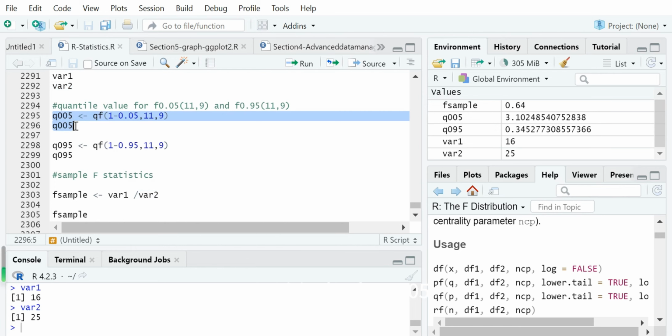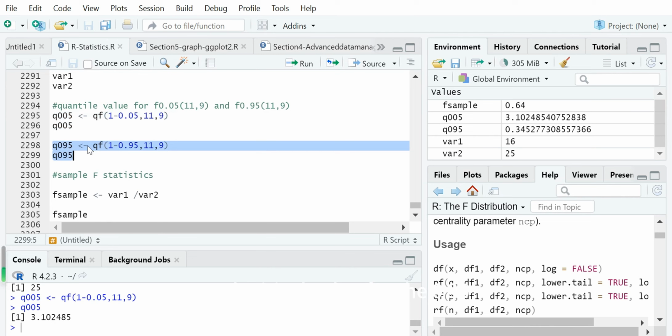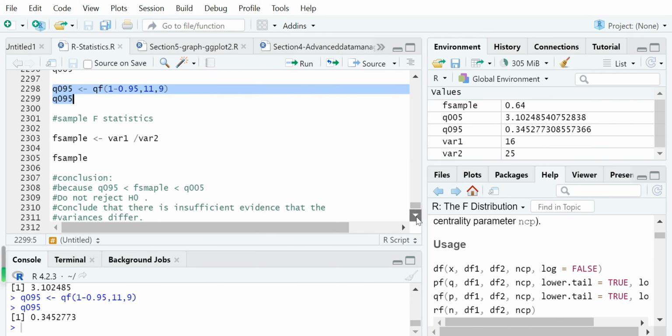So the critical value for 0.05 is 3.10, right? And the critical value for 0.95 is 3.34. It is almost the same as the handwritten calculation we showed before.